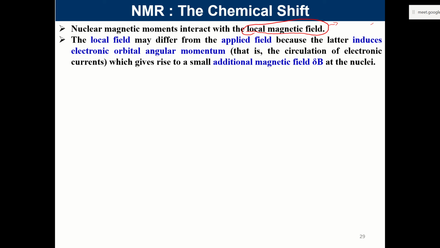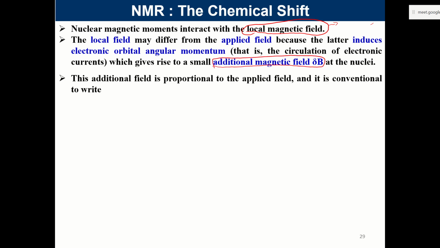So we have a local field that may arise because of the electron. You have angular momentum due to the orbital motion of the electron, and you have the spin of the electron. Both of them might contribute, and that can give rise to an additional magnetic field at the nucleus.